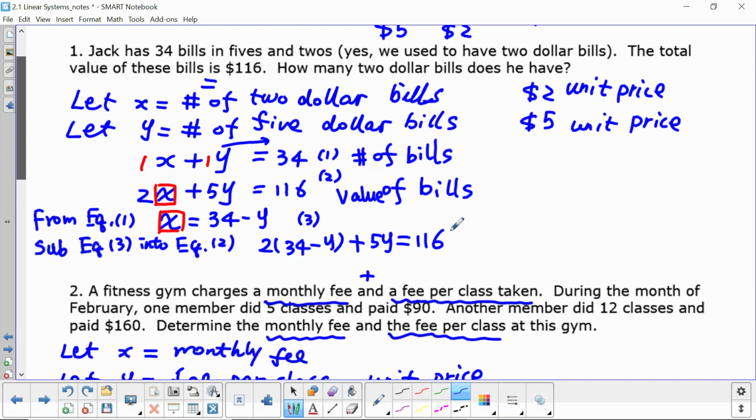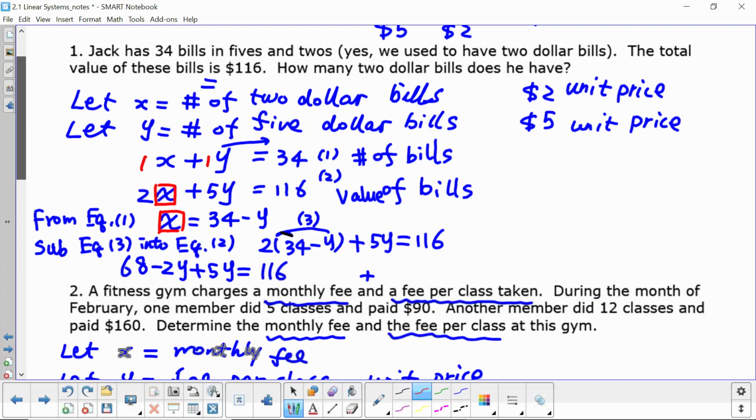Then we are going to solve this equation by getting rid of the bracket and collecting the like terms. So expand it, we have 68 minus 2y plus 5y equals 116.